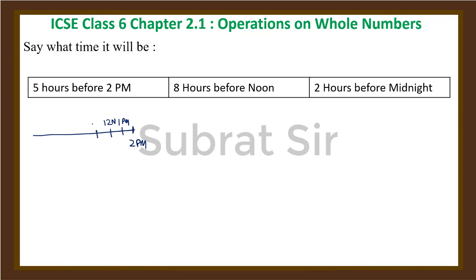Again 1 hour before it is 11 a.m. Then 1 hour before it is 10 a.m. Okay, so 1, 2, 3, 4. Again 1 hour before it is 9 a.m. Okay, so 5 hours before 2 p.m. it is 9 a.m. So we got the answer, but how to write?